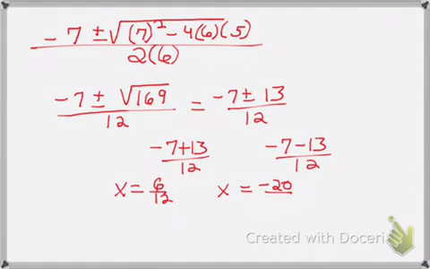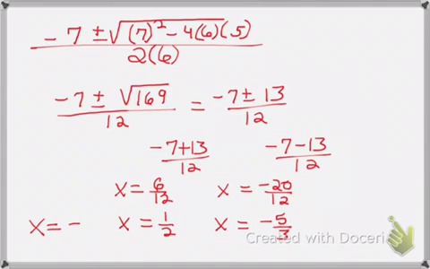And you want to make sure that you reduce all of your roots if you can. So the first one's going to reduce down to 1/2. Second one's going to reduce down to -5/3. And of course, you can't forget the first root that you chose, which was -4. So these are all of my roots.